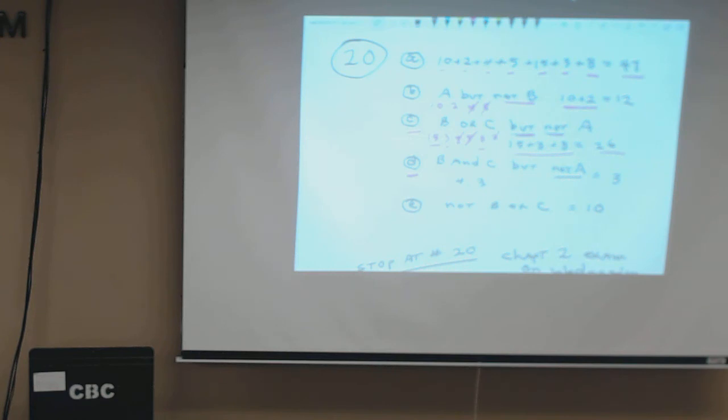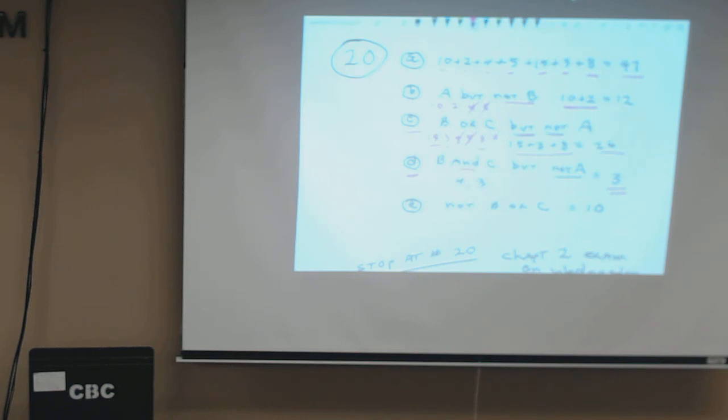Oh, B and C, not B or C. If it was B or C, and not A, it'd be 15, 3, and 8. But if it's B and C, then B and C would be 3. Because it has to be and, has to be the intersection.